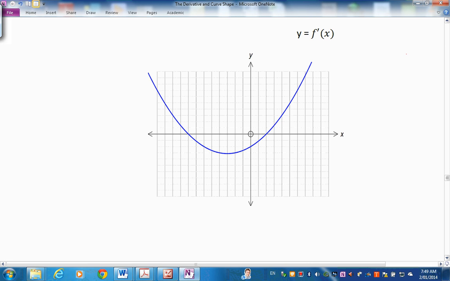Going backwards from the derivative to the graph of the function. Let's see if we can do that. This is the derivative. So the slopes of the tangents are above the x-axis, they're positive. So that means I'm starting with a function like this, positive slopes. Oh, derivative is 0, so that's some sort of maximum or minimum. So let's go like this.